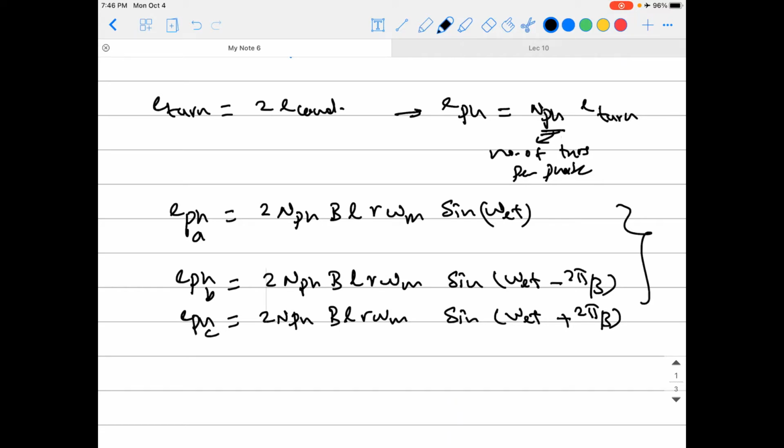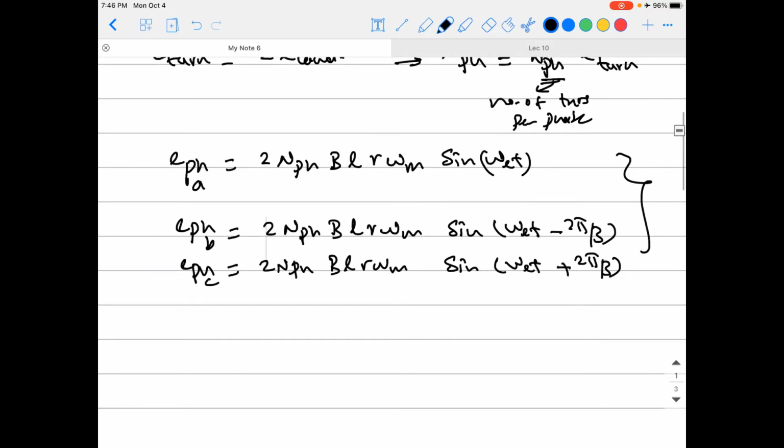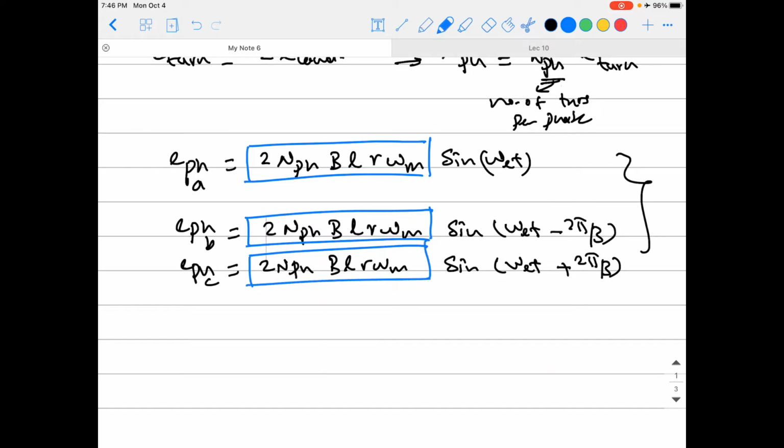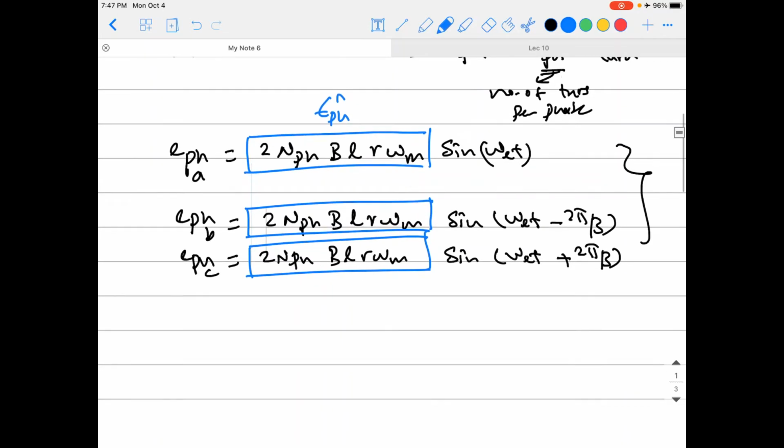Because, like we said, it is a balanced 3-phase winding, so I will have the same magnitude here. This value is the same for all of them because that is the magnitude. So we call it capital V phase, and I will give it a hat like this. That is the magnitude of it, and that's what we use to find the RMS value for the EMF.